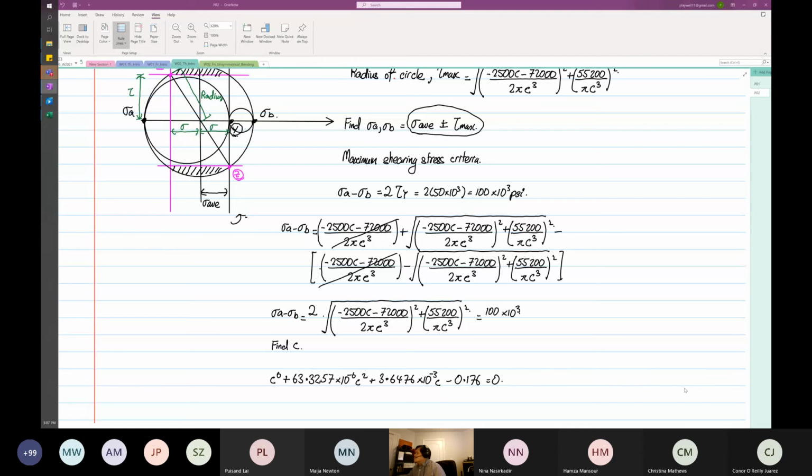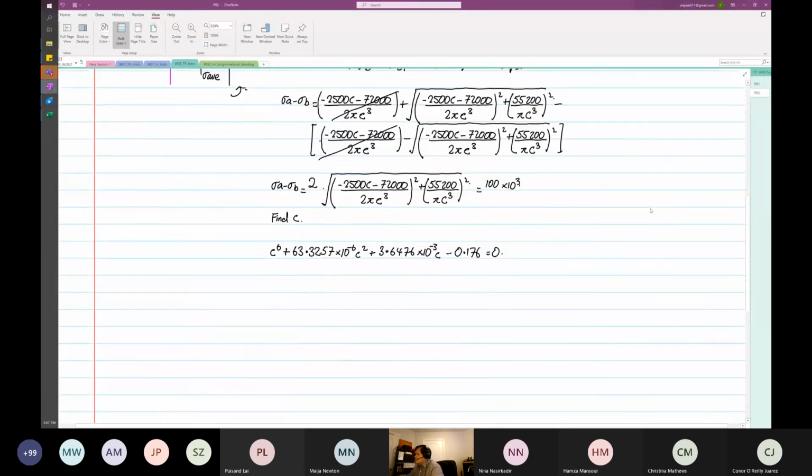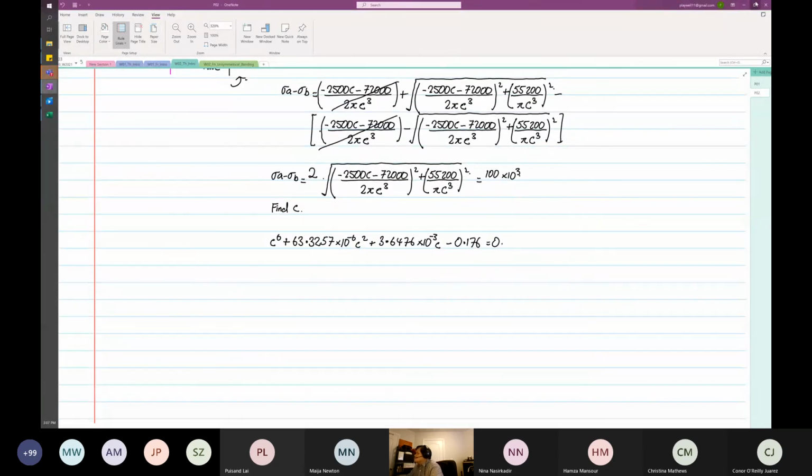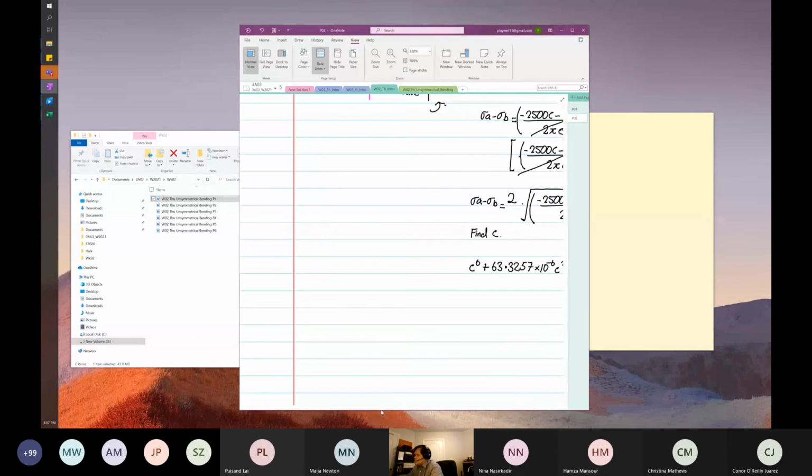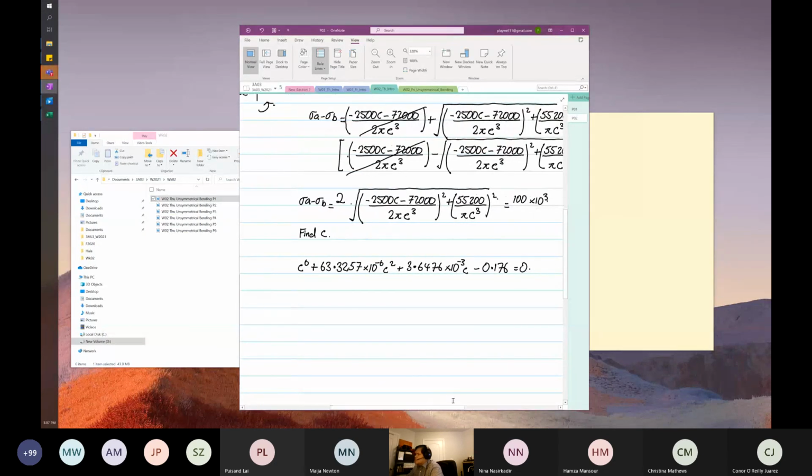So now we have to solve this equation. In any work that you're doing, we have to solve this equation.